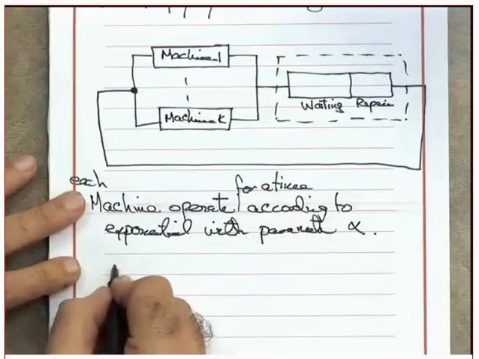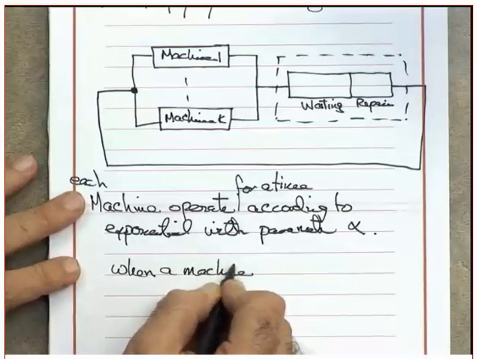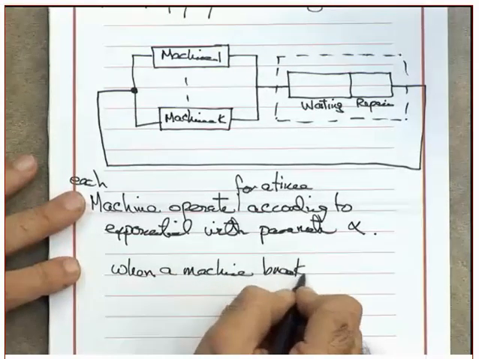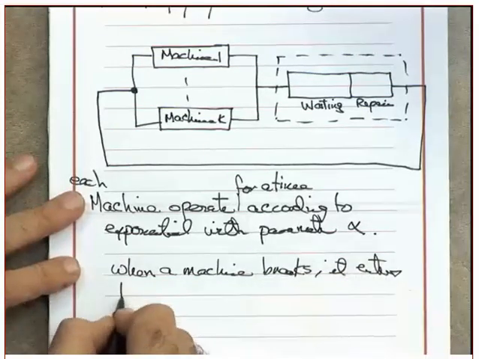When a machine breaks, it enters the queue.